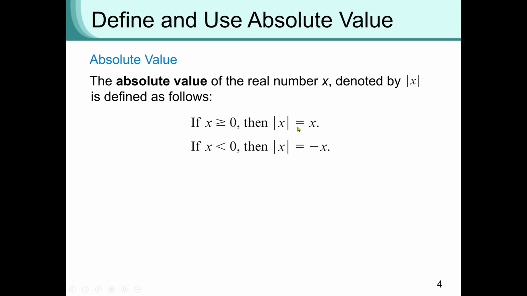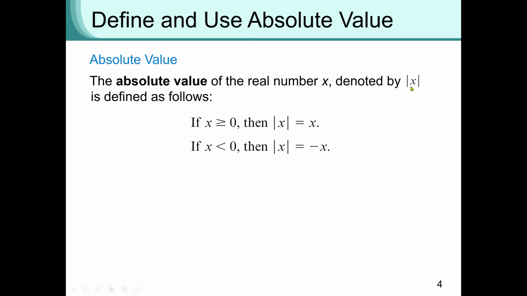Because of this, when we are solving an equation with an absolute variable, we have to find the value when it's positive and also the value when it's negative. So in this case, I will find negative x and also positive x. So that's what we mean by the definition here.